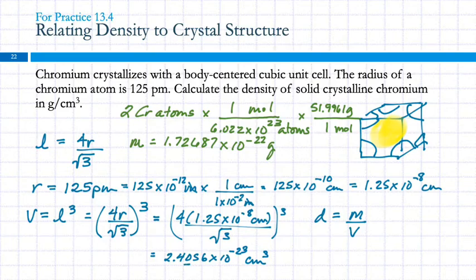2.40 times 10 to the minus 23 cubic centimeters. So here we have our volume, and here we have our mass.